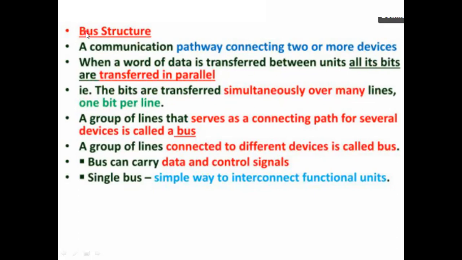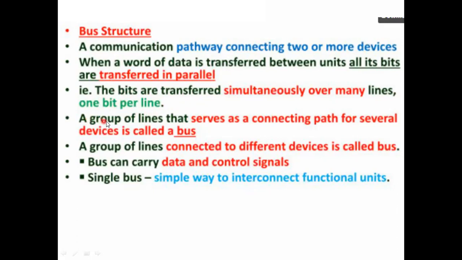Here the bus has a group of lines, and each line transfers one bit of information. That's why the bits are transferred simultaneously over many lines, one bit per line.